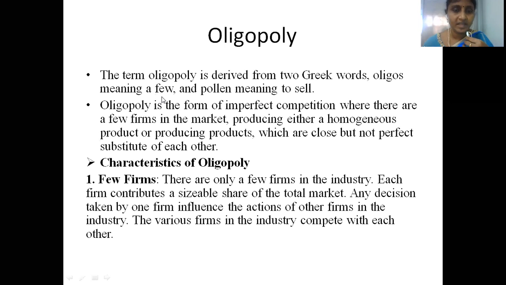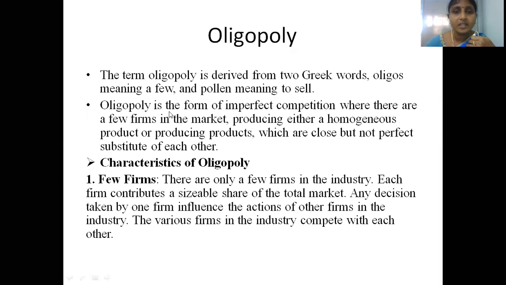That means we have only a few firms for selling that particular commodity. Polen means selling. So it is a type of imperfect competition. How many types of market structures are there? There are two types: one is perfect competition and the other is imperfect competition. So oligopoly comes under the category of imperfect competition.